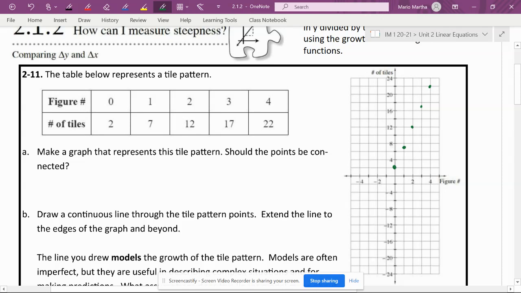Now, should the points be connected depends on the situation. In this case, the situation is measuring tiles. So would you consider having half a tile or not? So the situation is number of tiles.